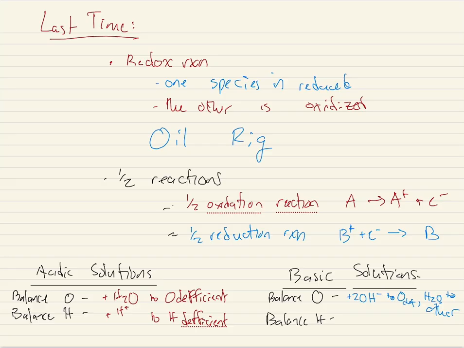There's always going to be a scenario where there's some trick involved, and any method has one exception or so to the rule. For half reactions, it's always going to be this method of balancing for redox reactions in acidic or basic solutions. We can always balance oxygen or hydrogen based off of the type of solution that it's in.